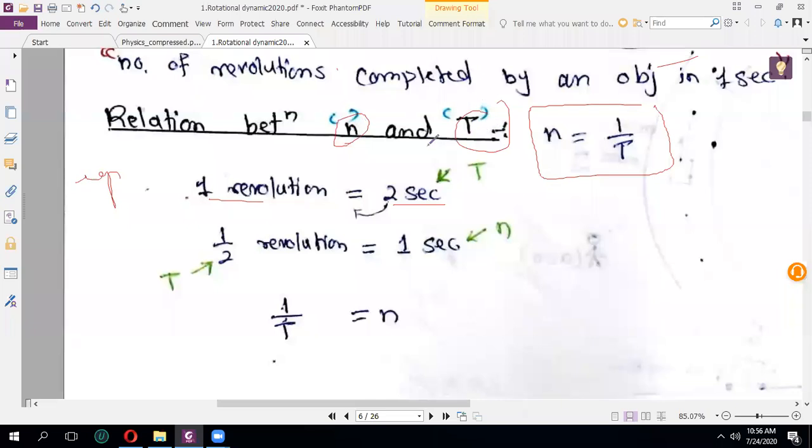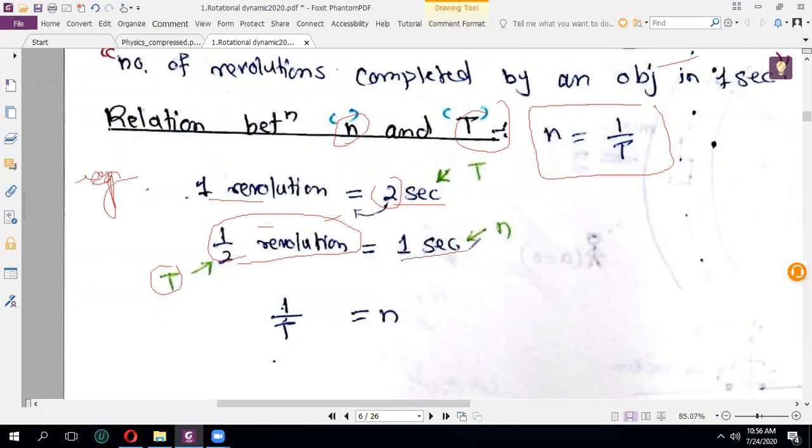We have to check this, so how do we check? We take one example. Suppose a car completed one revolution in 2 seconds. This part is clear. Now take this 2 from the left side. If you take this 2 to the other side, what do we get? 1 second only. So 1 upon 2. This revolution part represents your time period, correct?